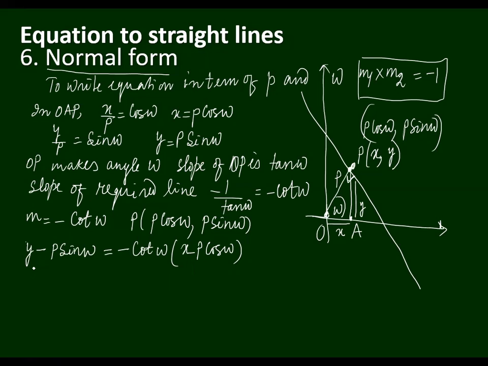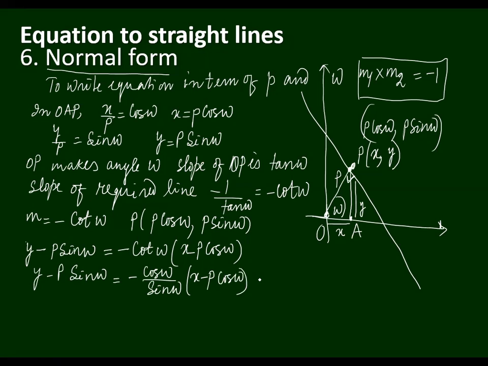Next, y minus p sin omega, I am writing cot omega as cos omega by sin omega, into x minus p cos omega.